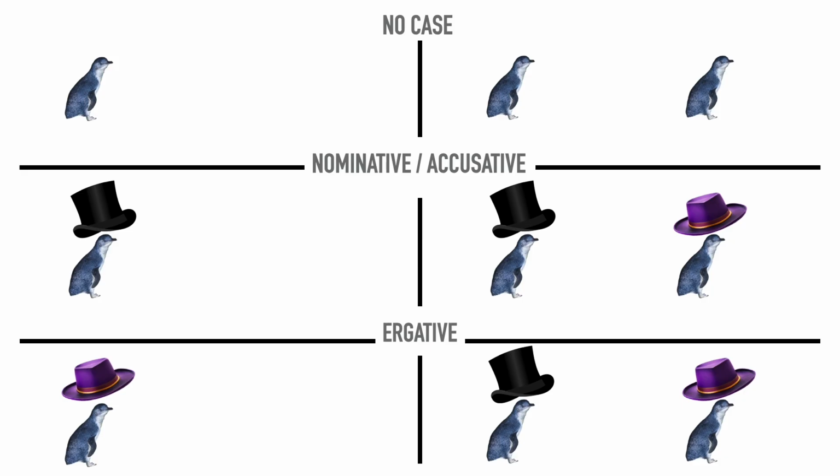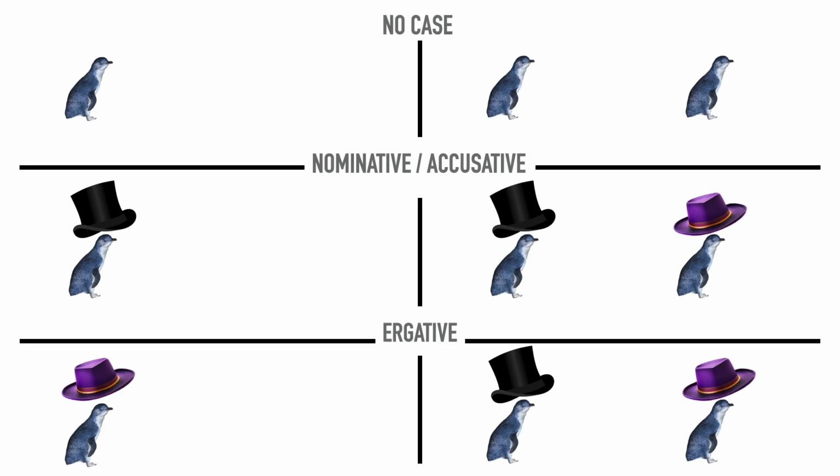In a lot of languages, the nominative is the most basic form of the noun, so nothing is really attached to it. Whereas the object case, which is the accusative case, will have some kind of suffix, prefix, or something that changes it.